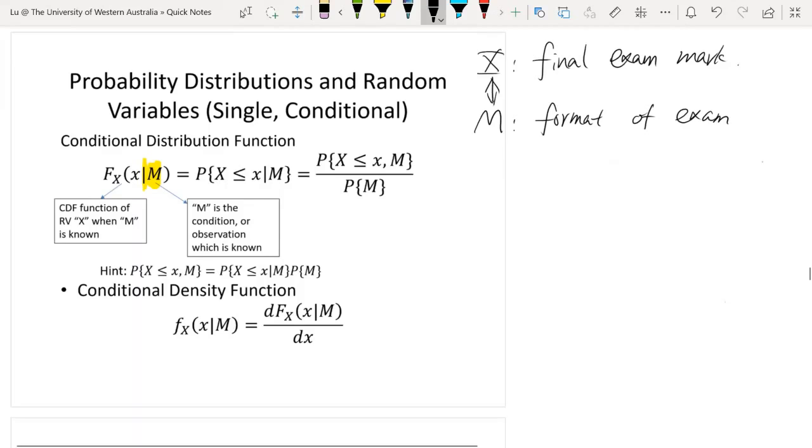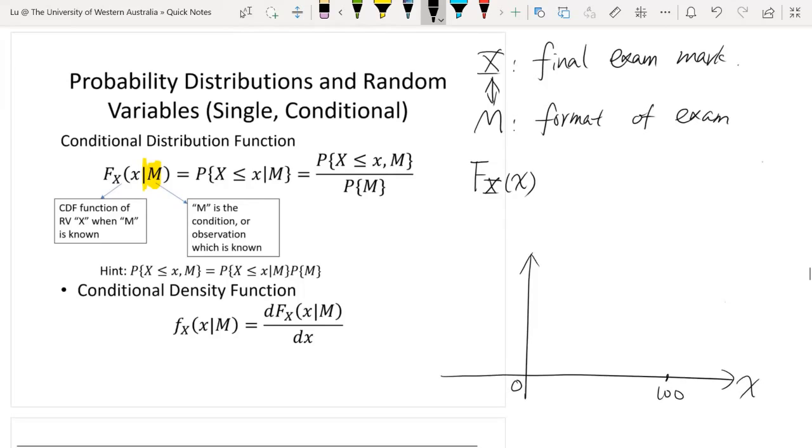If I do not give you any information regarding the format of the final exam, that means you do not know the M. So if you want to estimate or model your final exam performance, you are actually evaluating FX, and that curve may look like this. So x and 0 mark is given here, 100 mark is given here.